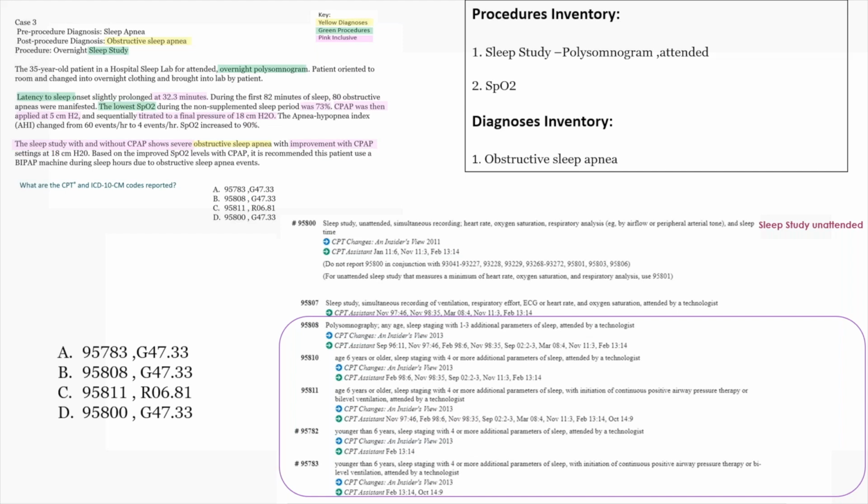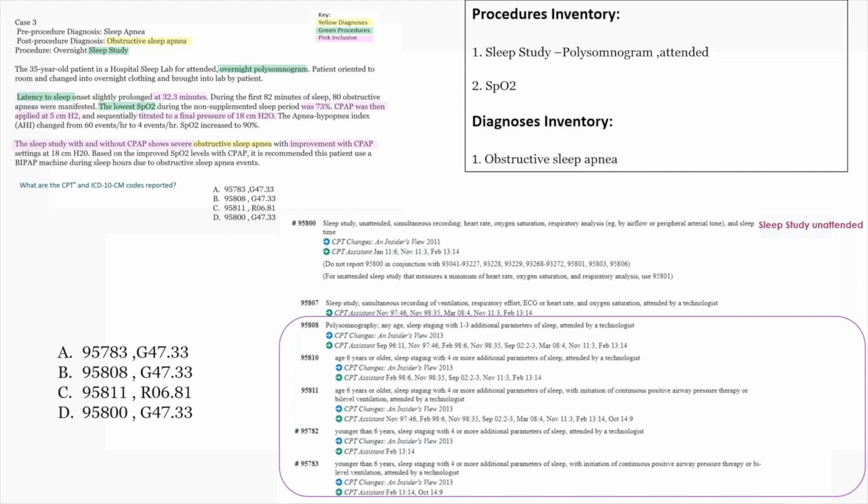Another thing is that they are classified on the basis of the age of the patient, whether age 6 or below, or 6 and above, and whether we are using any treatment methods like CPAP or BiPAP for diagnosing the patient. So on the basis of these three parameters, these codes are classified.